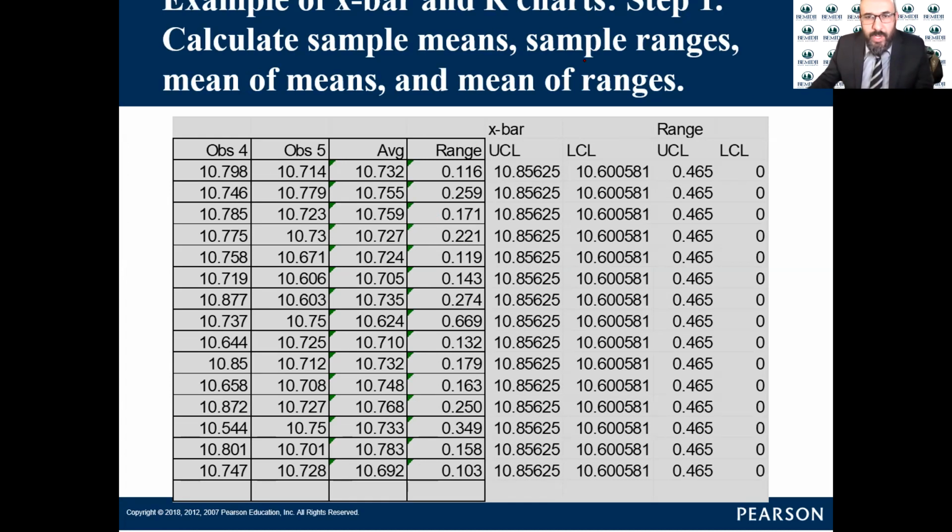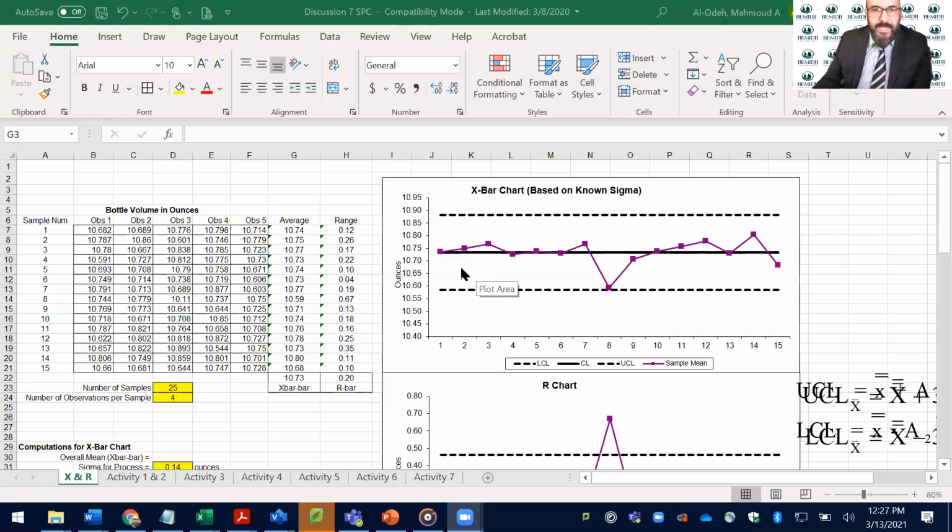I'm going to stop sharing this screen and go to Excel so I can show you how to do this. I opened an Excel sheet, and these are Excel templates that I provided on my D2L shell for quality assurance. If you go to the D2L, you will find some templates that you could use.